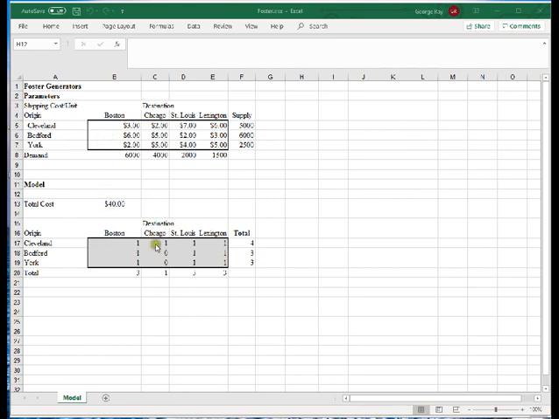The decision variables are the quantities, and they're in the table underneath. Again, we have the quantity shipped from Cleveland to Boston, one, and I put some ones and zeros in, so Cleveland to Chicago and so on. With those, we want to prepare a report that will tell us what quantities we should actually send.